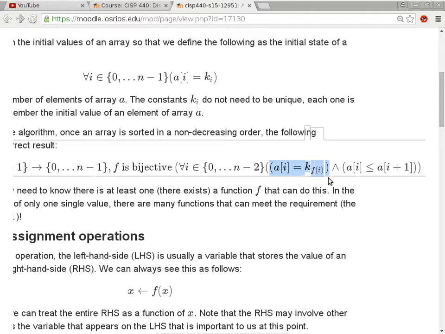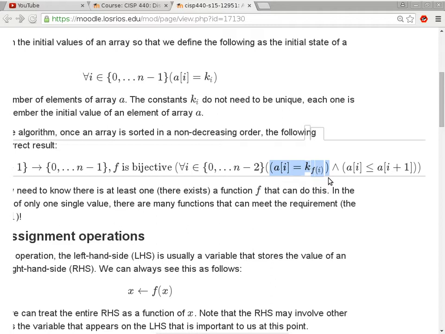Right? So if the algorithm does its job correctly, then at the end of the algorithm, a bracket 0 should have a value of what? 1, and then this would be 3, and then the other one would be 5. Is that right?